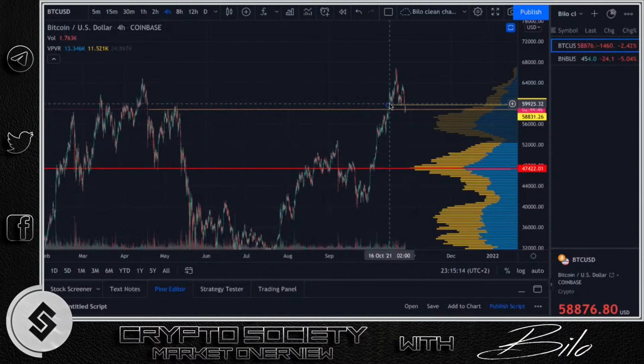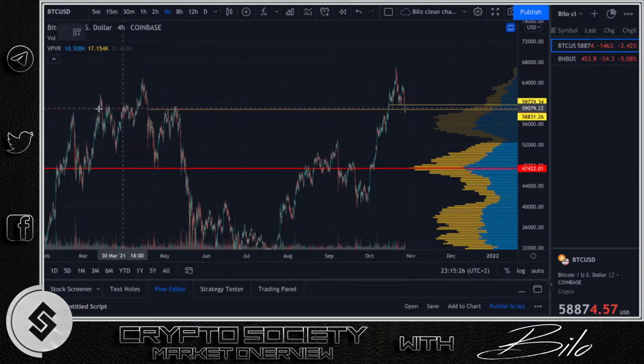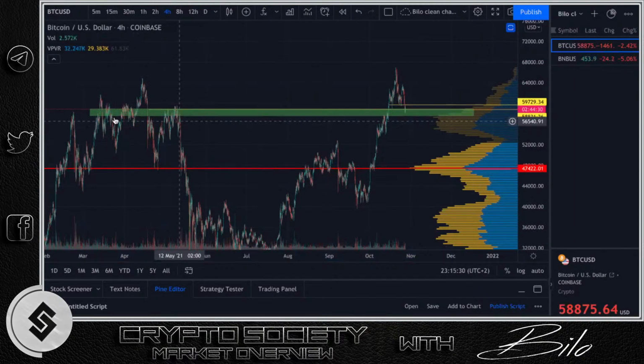It serves the same kind of purpose, but you can see that this is an important point because you have a lot of support here. So this whole region is important support. I really don't think we're going to break through it. Here, you can see there's a lot of action. So this whole region is support, and I personally don't think we're going to break through it.